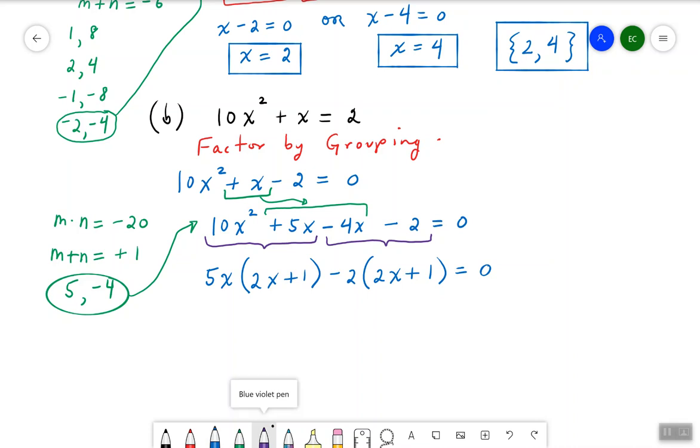Okay, so now we can factor again. We look at these two long terms here, and they have a factor of 2x plus 1 in common. And so we can take that out.